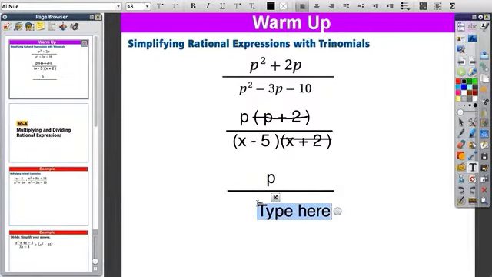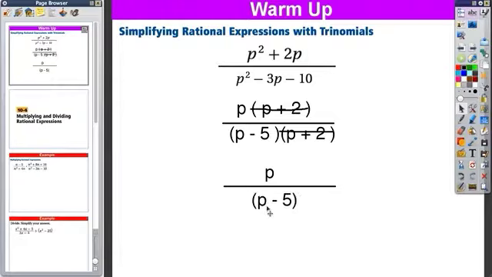And then on the bottom, you're left with x minus, or I apologize, we're using b. I made a mistake here. So it's b minus 5. Probably you guys caught that mistake. I didn't see that. So this one should be b, because here in the problem we're using b. So you need to be consistent with the problem. So that's what you have, and this is your final answer.